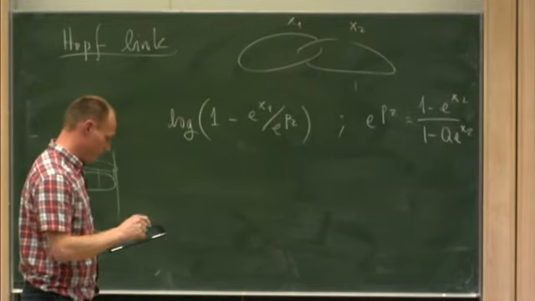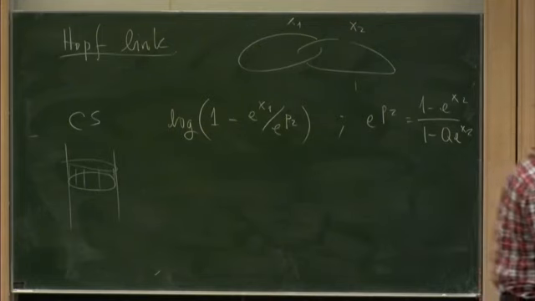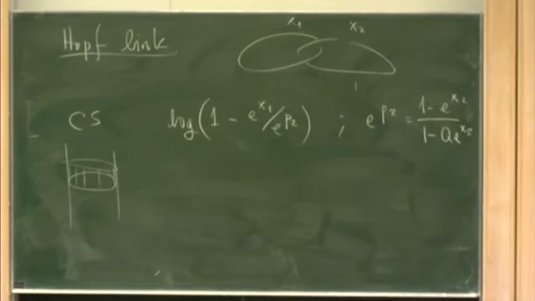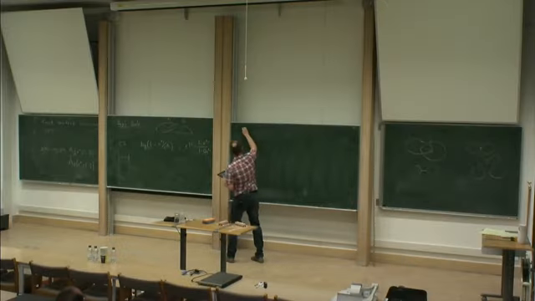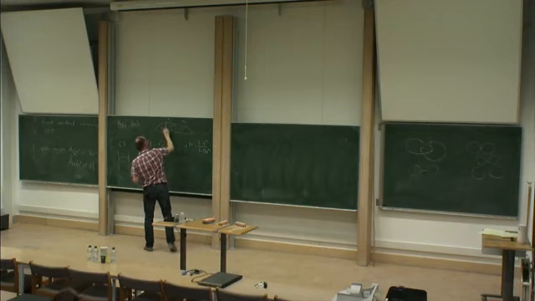I'll be happy to show. It's not so hard to actually draw the pictures that give all these curve counts that I'm going to give you, but let me not. Let me just write it up. So here this guy is our main thing.